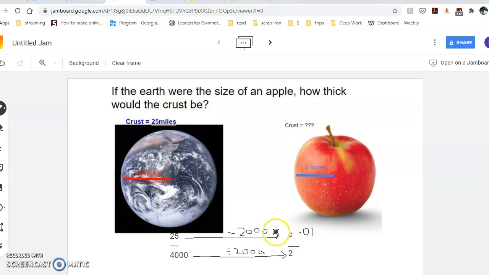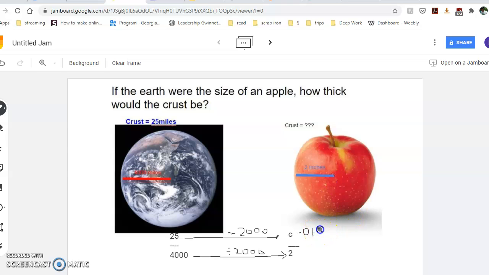Really small. Guys, the crust is really, really, really thin compared to the whole Earth. It's 25 out of 4,000 miles. That's it. So on an apple, it would only be 1/100th of an inch out of 2. It's really, really small.